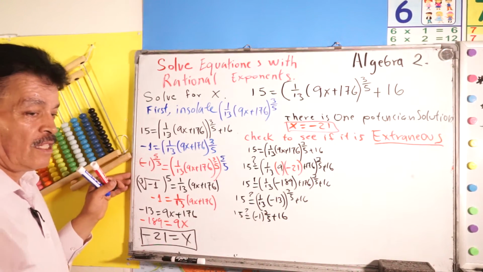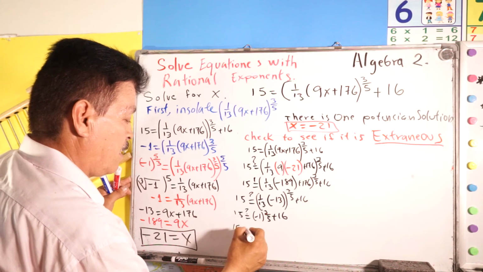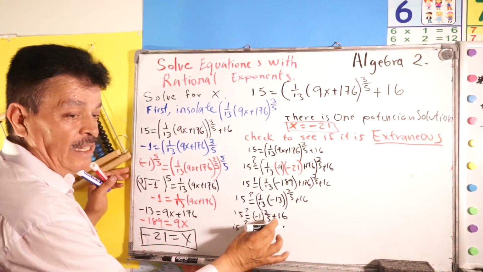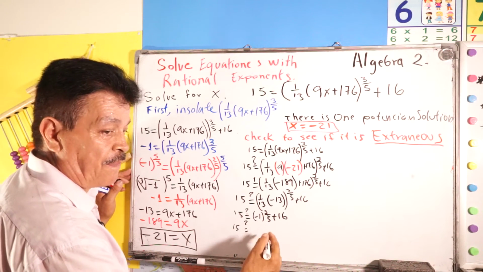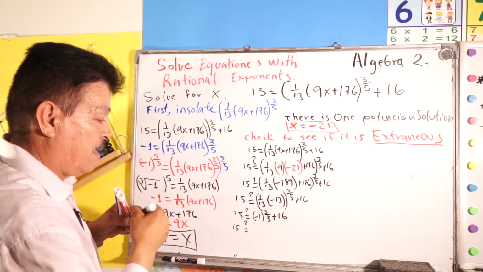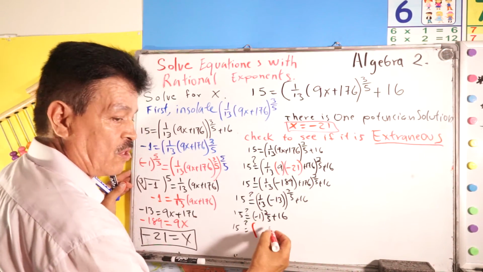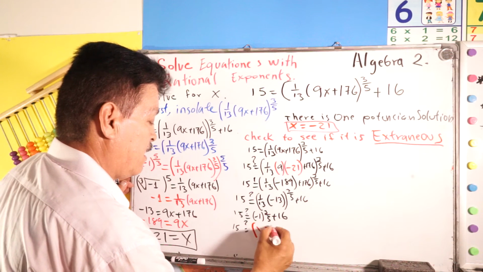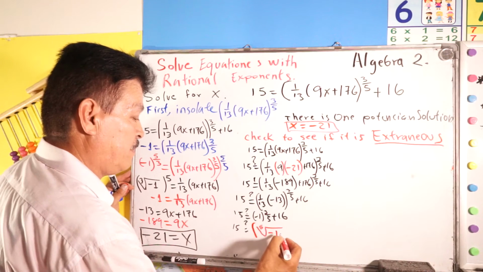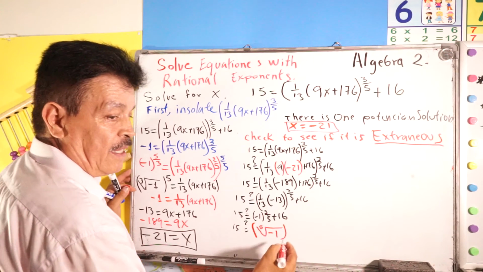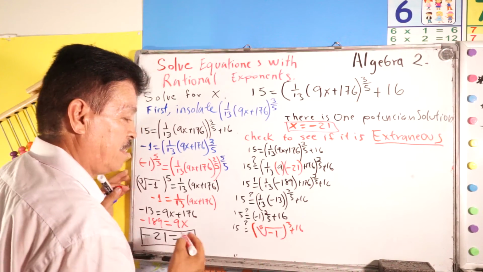All right, next step: use the 5th root. The 5th root of what number? Negative 1, and then this to the 3rd power, plus 16.